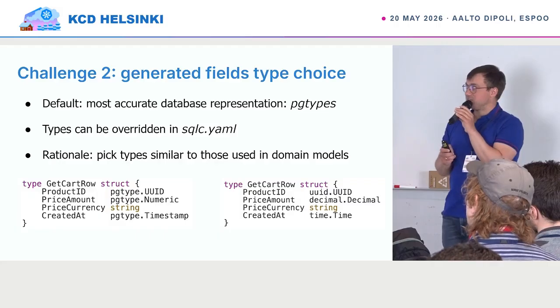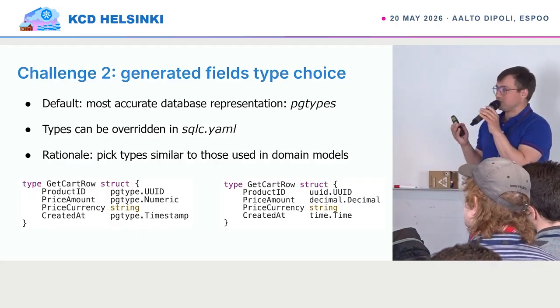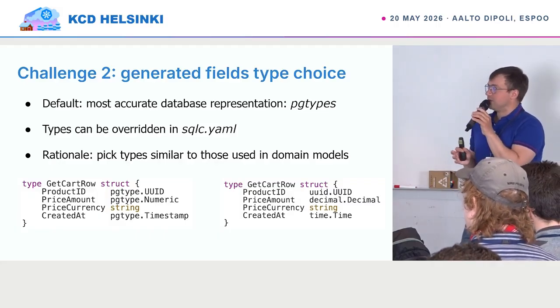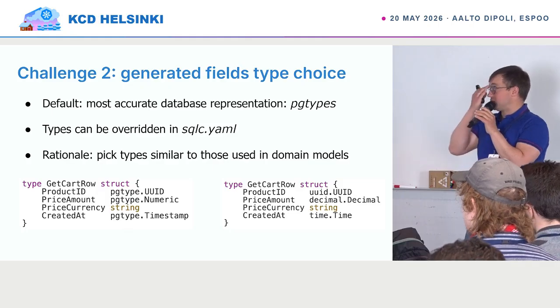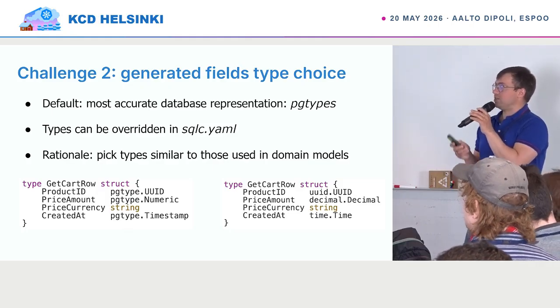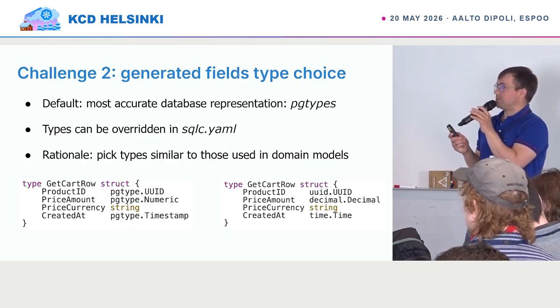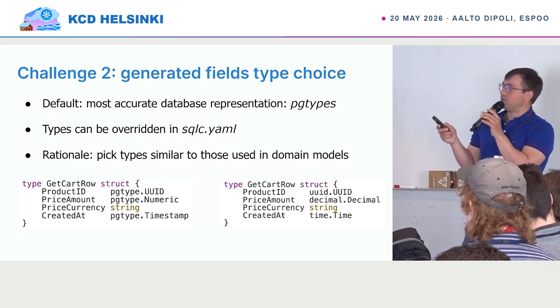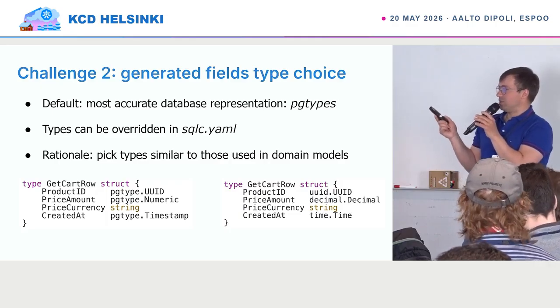All right, so the first challenge is addressed. We have several options, and we can still use sqlc for that. The second challenge is about the choice of generated field types. Here at the bottom, I show you two options.